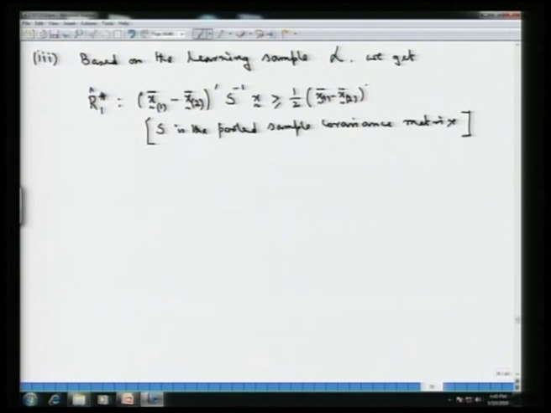This transpose S inverse, the pooled variance covariance matrix. Once again, this x 1 bar plus x 2 bar, this is the first term, and then the second term would remain as it is, because for any practical purposes these costs of misclassification and the prior probabilities will be assumed to be known.